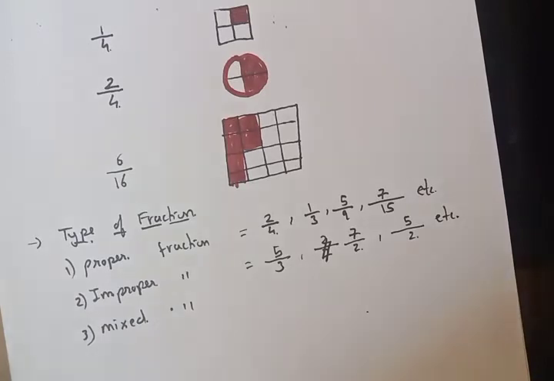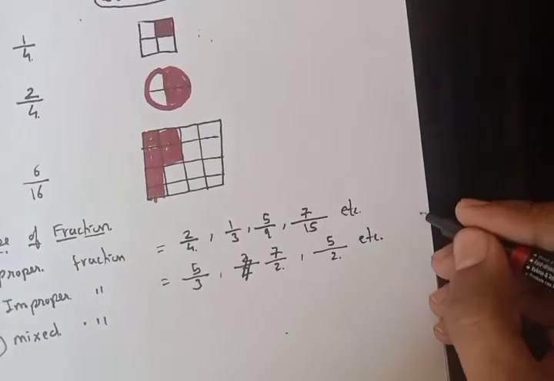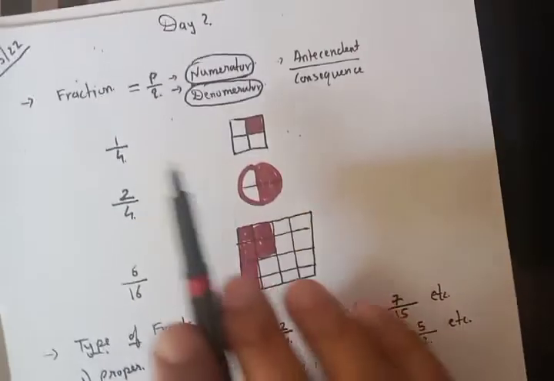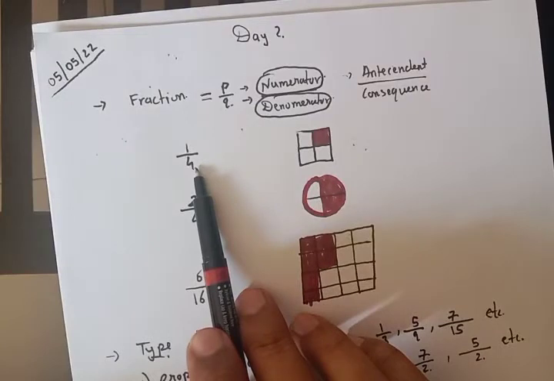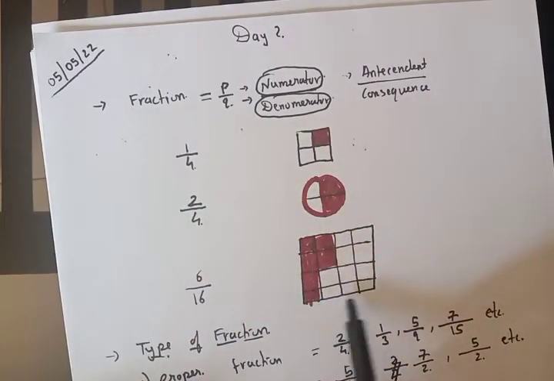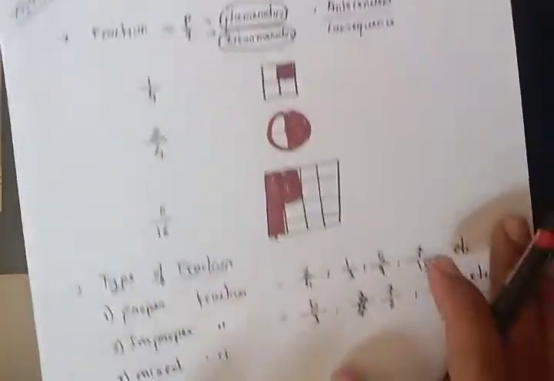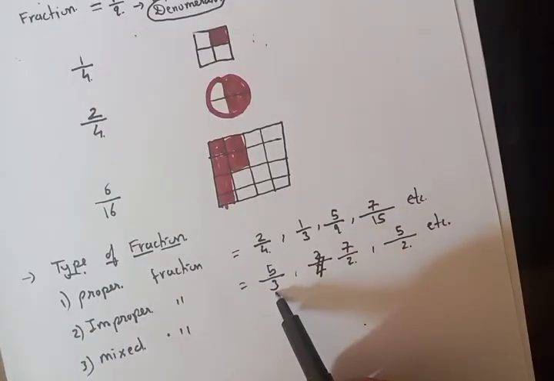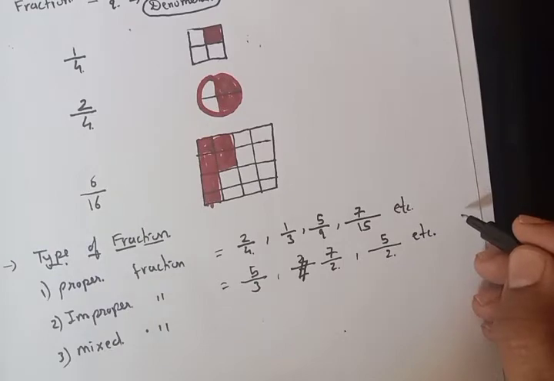So why do we call them improper fractions? Let's take an example. In the earlier case we discussed that in the denominator we always write the total number. So here the total number is 3. Suppose I take a square and give it 3 parts, so the total number is 3.